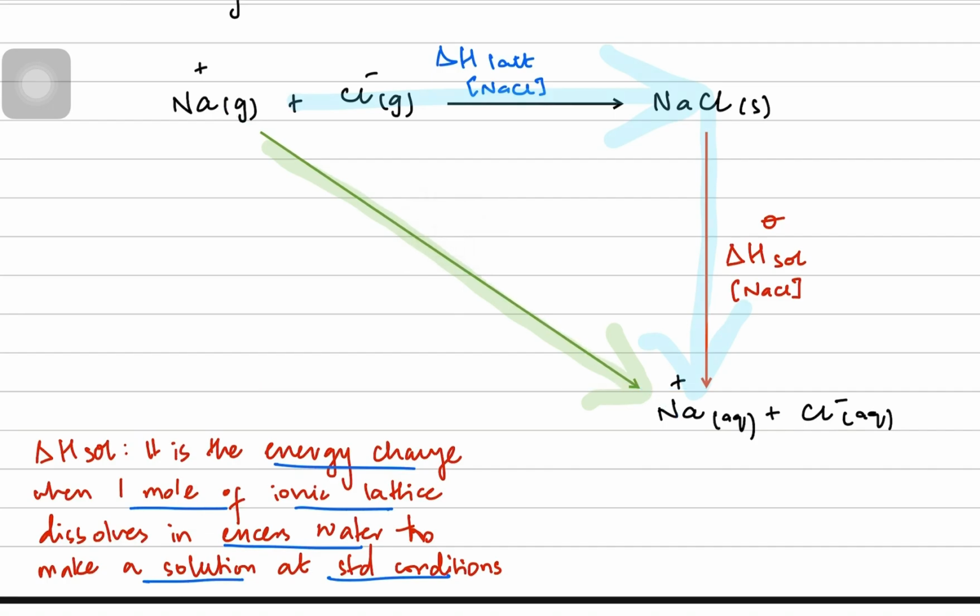So if you dissolve the gaseous ions directly, that would be something we call hydration of the ions. It would be known as the enthalpy of hydration, and enthalpy of hydration is not for combined sodium chloride, it's for individual ions. So it would be called enthalpy of hydration for sodium ions plus enthalpy of hydration for chloride ions.